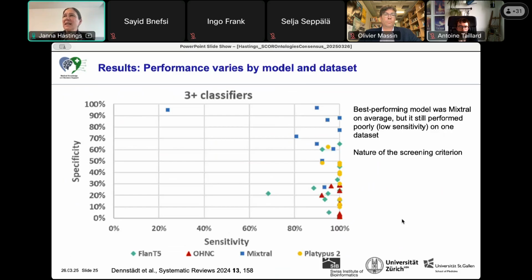So here you see the results, and it's not a great visualization, but what you're looking at here is when the model said yes to a paper it should say yes to, and then did it find all the papers that it should find. So basically you have two possibilities.